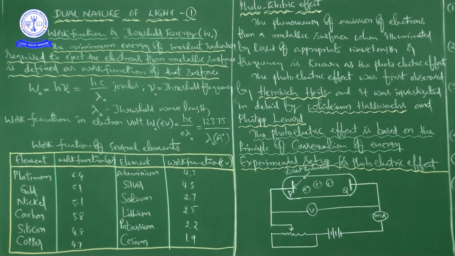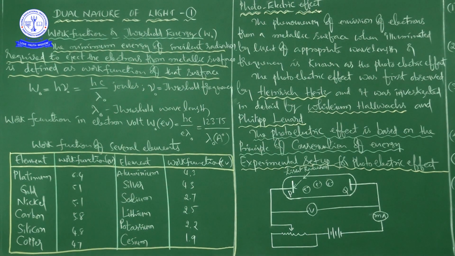Carbon 5.8, silicon 4.8, copper 4.7, aluminum 4.3, and silver 4.3. And sodium 2.7, lithium 2.5, potassium 2.2, and cesium 1.9.